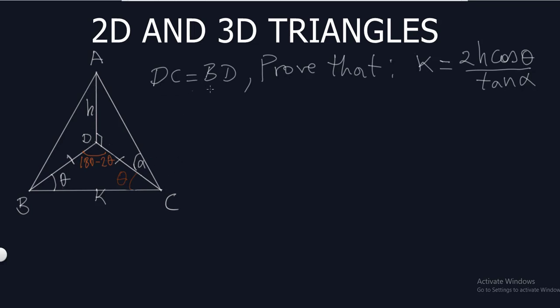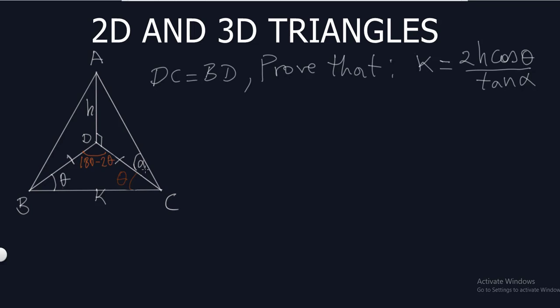Since here they say DC is equal to BD. So why do we use DC in this triangle ADC? Because DC is shared by two triangles. It is in the triangle BDC and also in the triangle ADC. Okay? So we have to use DC and the H. So what are we going to do?